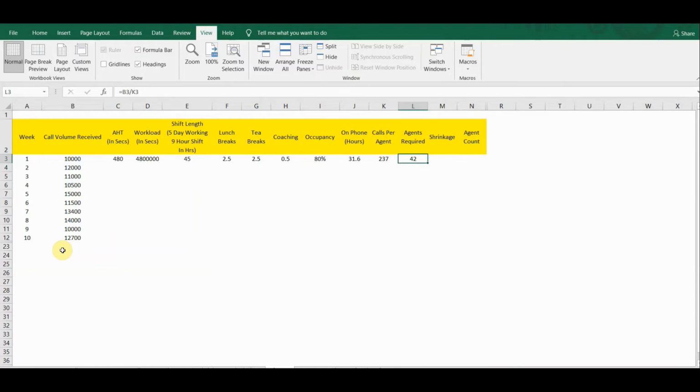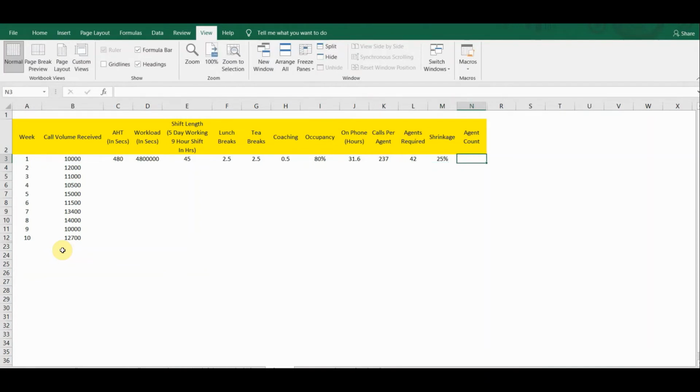Now in the previous video about shrinkage, we discussed in detail that shrinkage is a very important factor when we are doing forecasting and when we are doing capacity planning. So we'll take care of shrinkage here itself. Let's say the shrinkage is 25%.